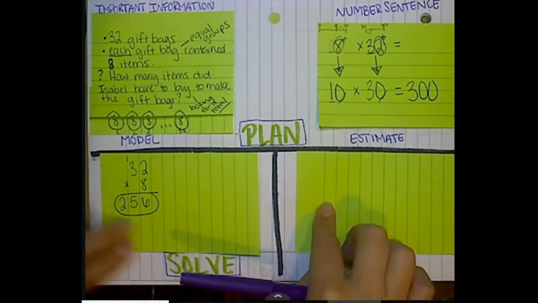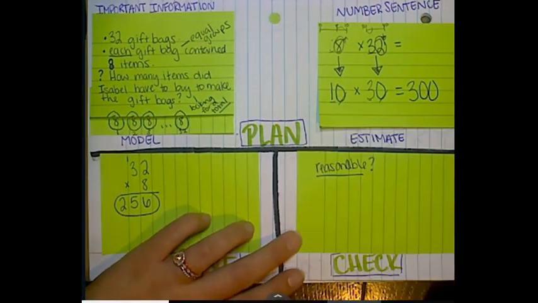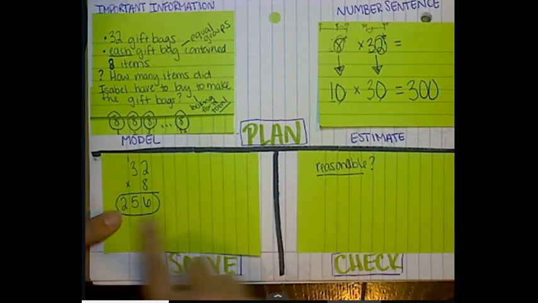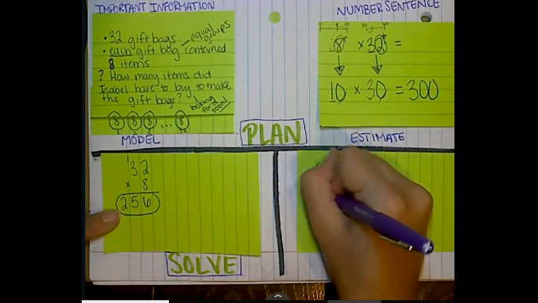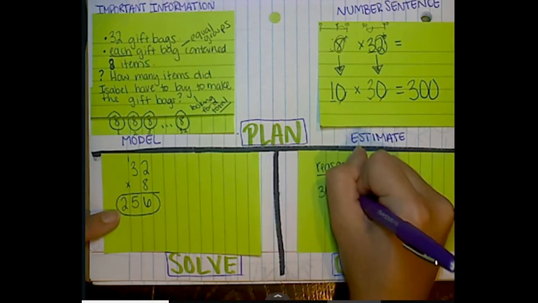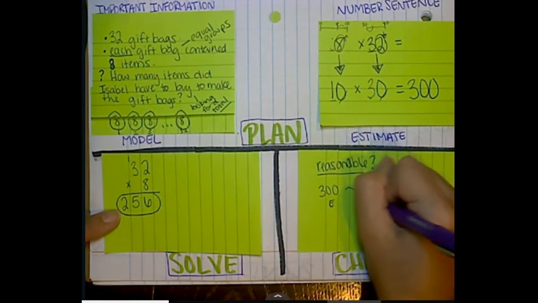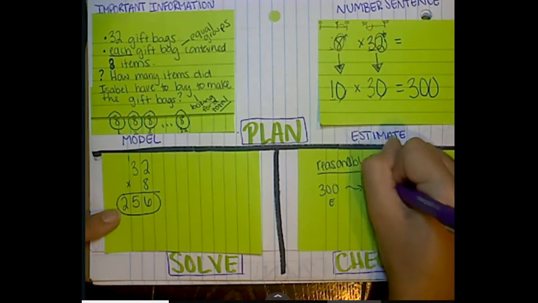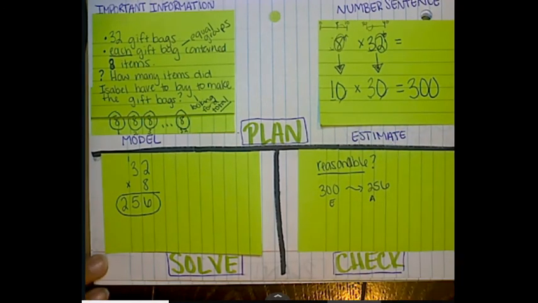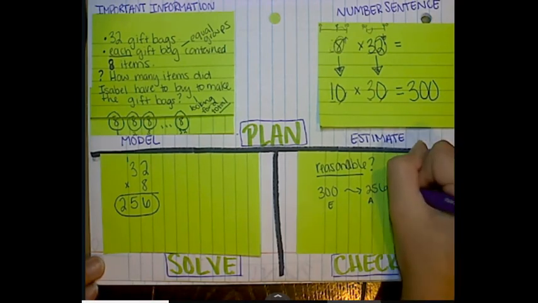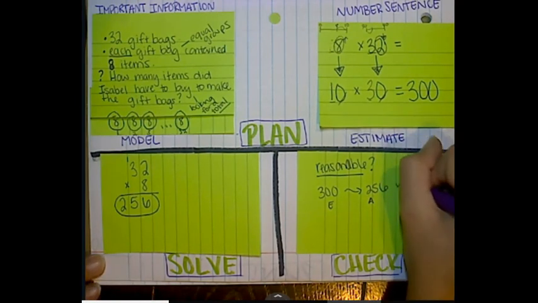To check my work, I'm going to think about, is it reasonable? Is my answer reasonable? So my estimate was 300, and my actual was 256. It's pretty close to my estimate.